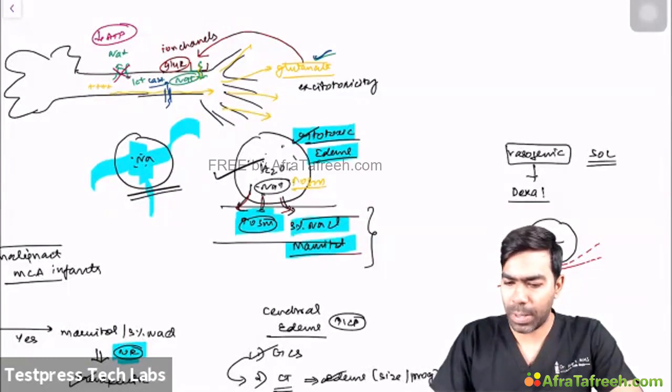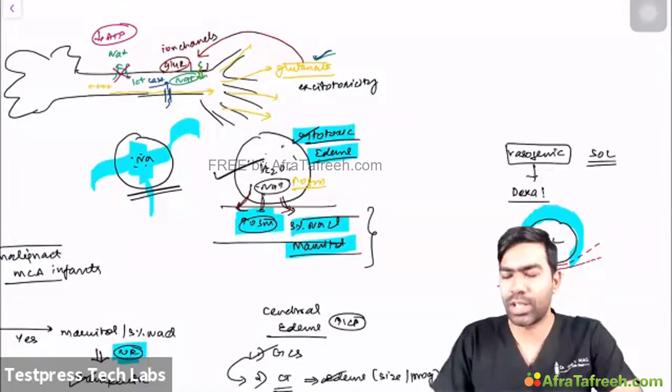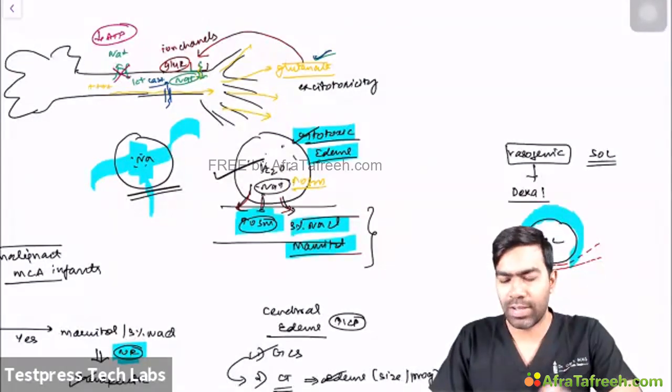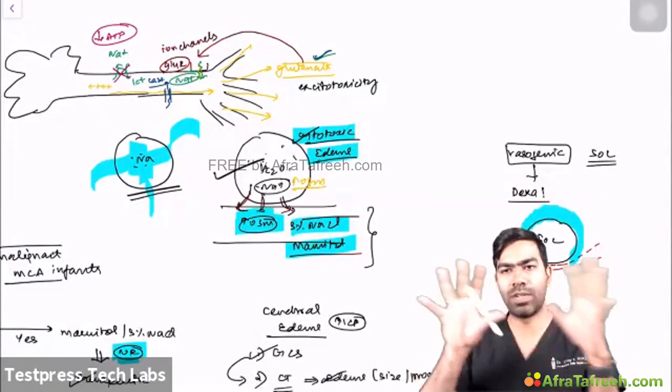That is why, in a space occupying lesion, you'll see edema surrounding the lesion, whereas in a stroke, diffusely you will see cerebral edema.